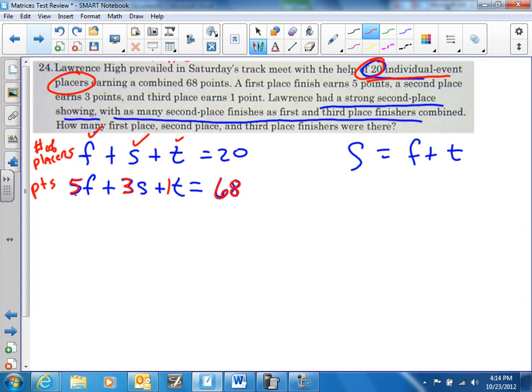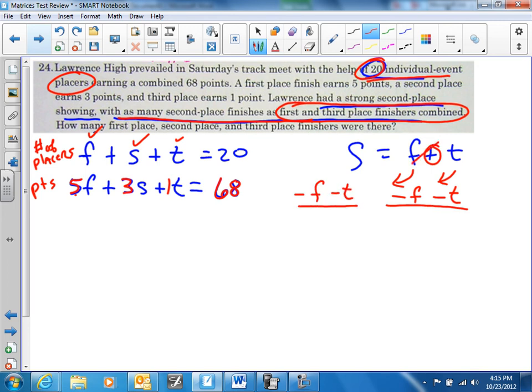And then finally, the last thing says, with as many second place finishes as first and third finishers combined. So combined means addition, but I need to move everything over to this side. So I'm going to subtract F and subtract T on both sides. What happens is this turns out to be 0.